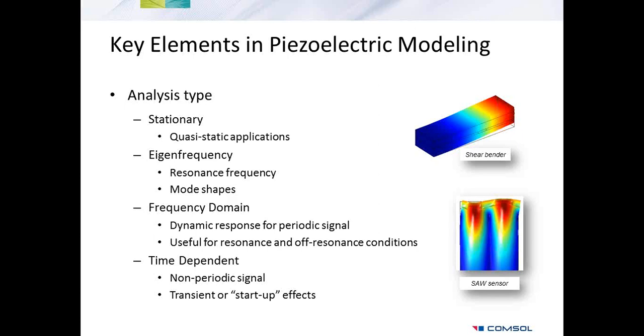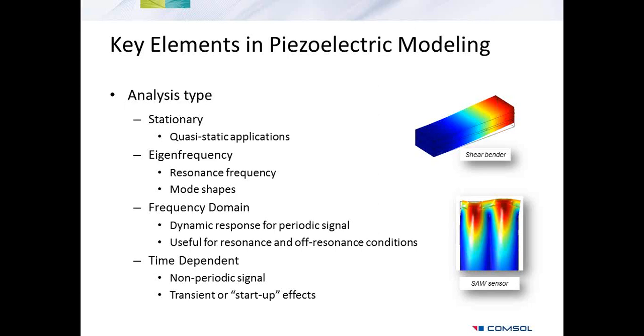A frequency domain analysis, that's something that is useful for getting the dynamic response of a vibrating structure. This allows you to see the performance at both resonance and off-resonance conditions over a desired bandwidth. The actual solution time for such models would depend on how many frequencies you want to solve for.